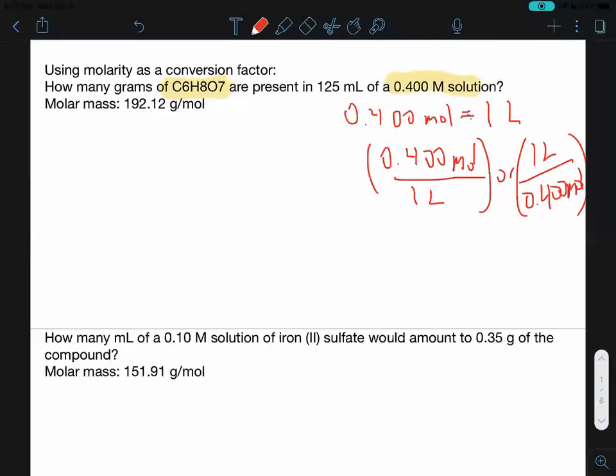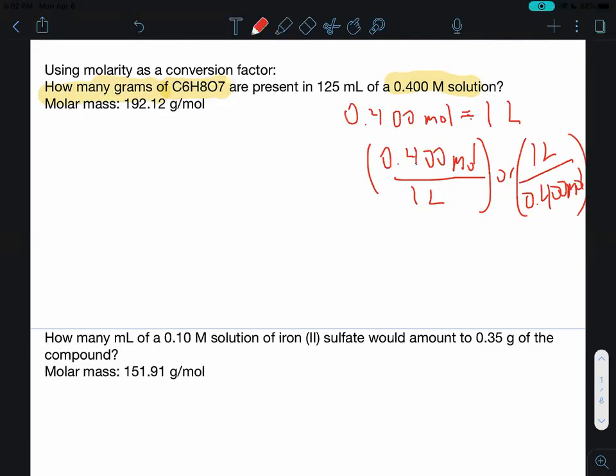In this one, we're asked how many grams of citric acid, C6H8O7, are present in 125 milliliters of 0.4 molar solution. Sometimes it can be kind of confusing where to start. So I'm going to actually write out a little roadmap here. Before we can get to grams, which is what we're wanting to end with, we have to figure out the moles first.